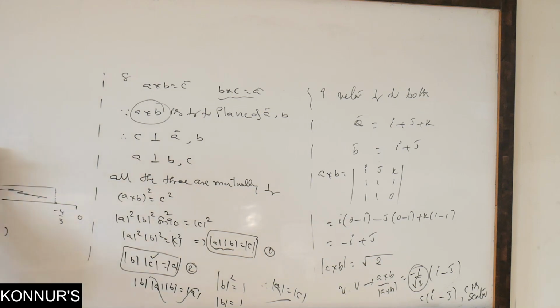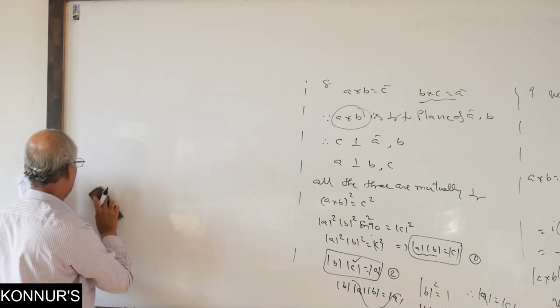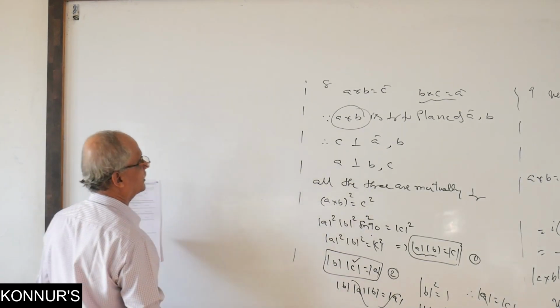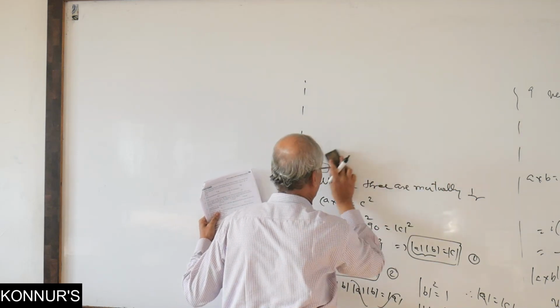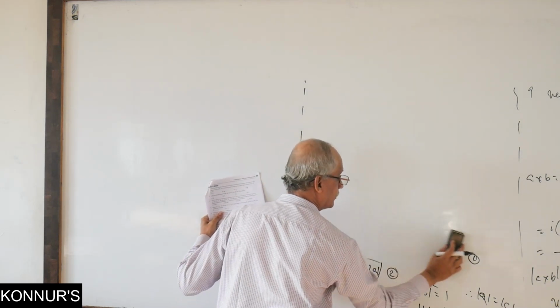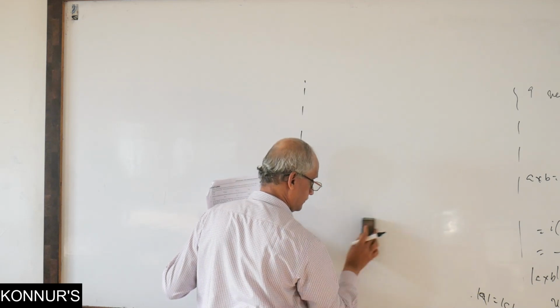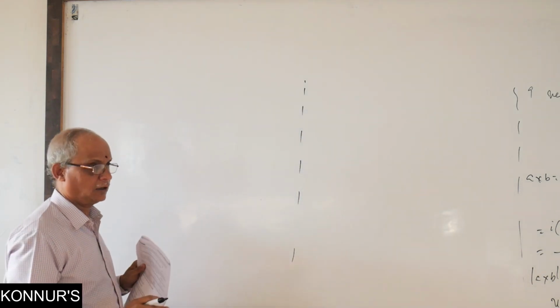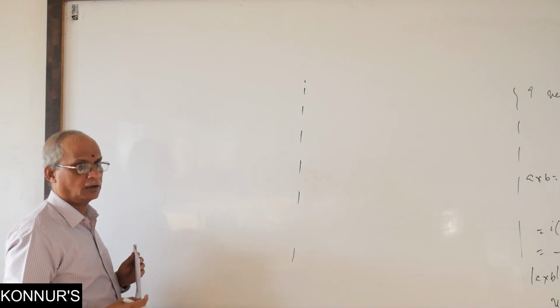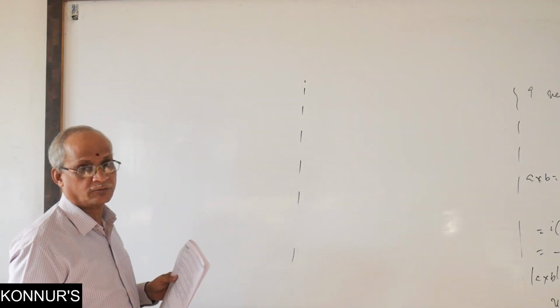Even though it is not mentioned in the data as a unit vector, he is writing answers in terms of a unit vector for some scalar C. So, what is the common property? Any vector perpendicular to the plane of A and B is its cross product.